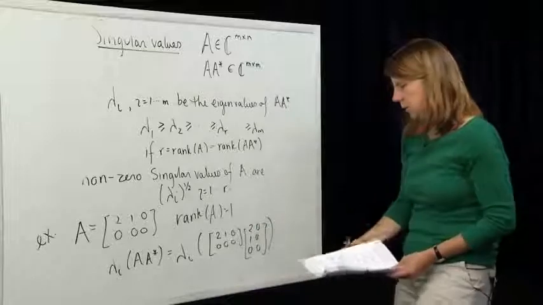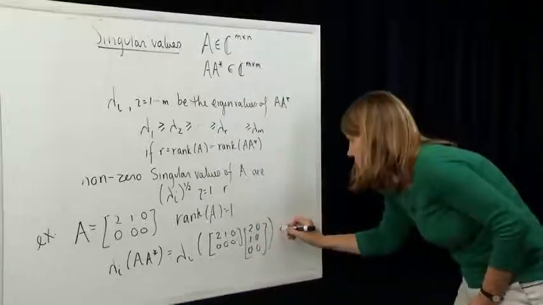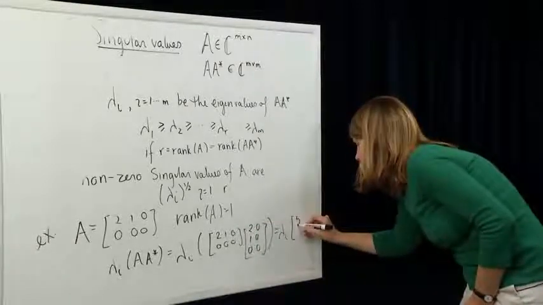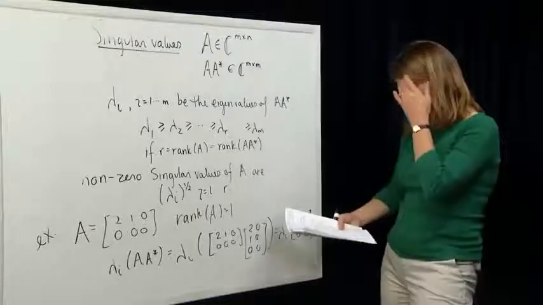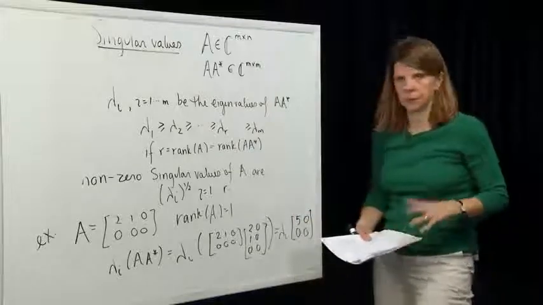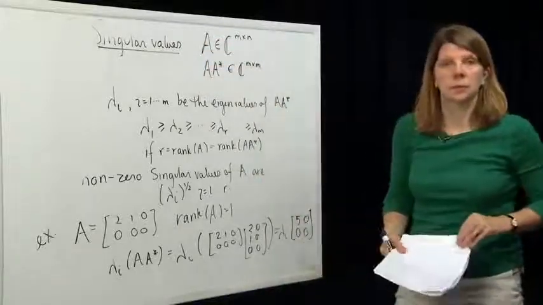In this case, the elements are all real, so I just took the transpose. And if we multiply that out, we see that it's the eigenvalues of the matrix 5, 0, 0, 0. So the singular values of the matrix A are the square root of 5 and 0. So given a non-square matrix A, we have a way of computing its singular values.